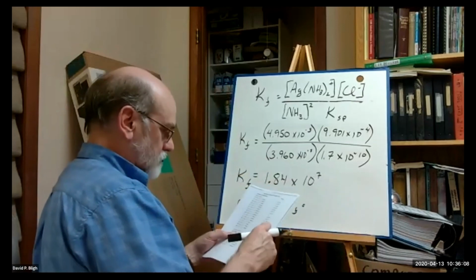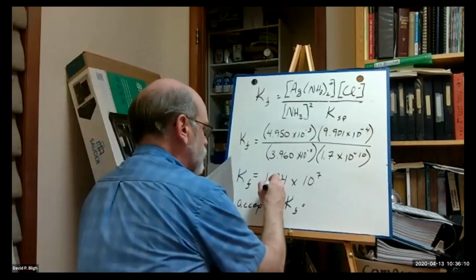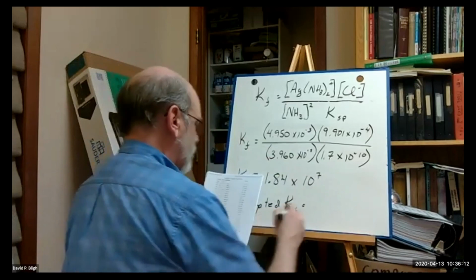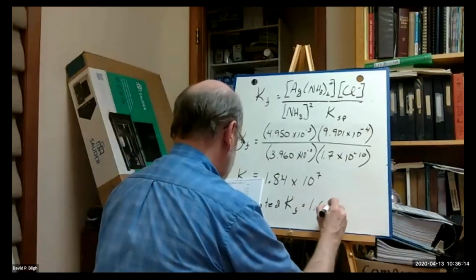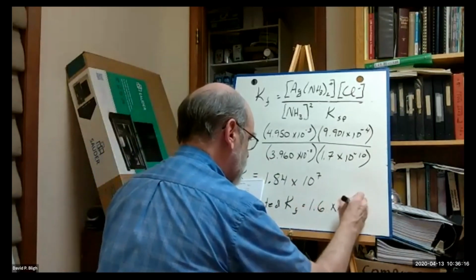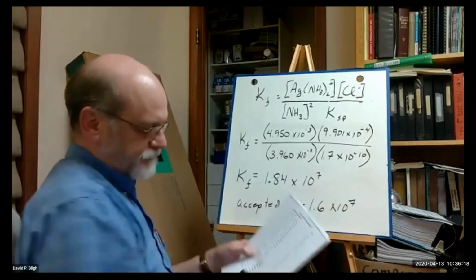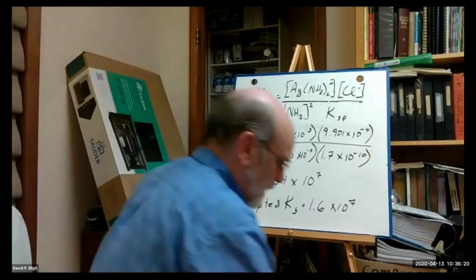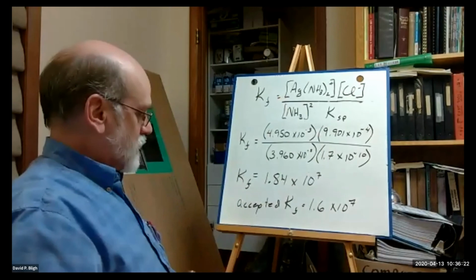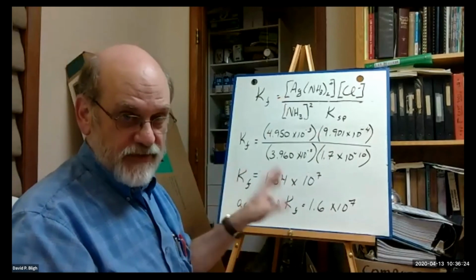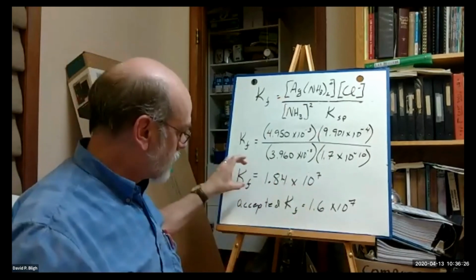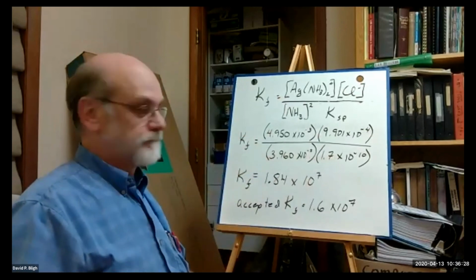But that's all right. We're only concerned with the method, that you know how to do the percent error. 1.6 times 10 to the 7th. Right? So we're in the same ballpark. Right? So you calculate the percent error when you calculate your value.